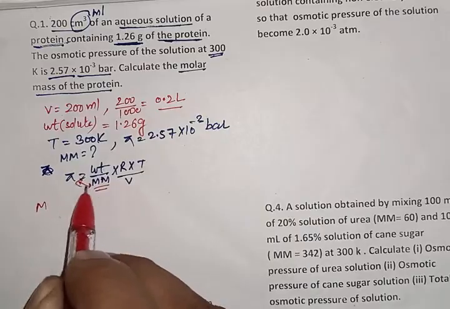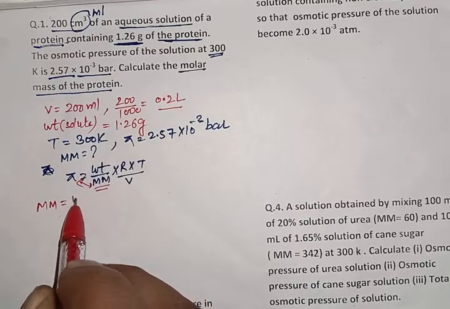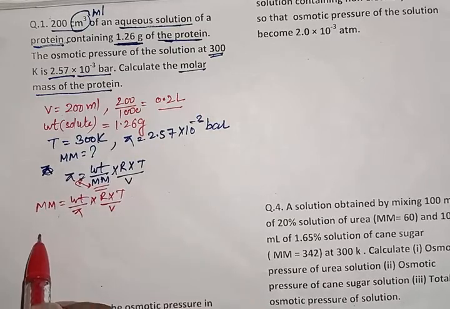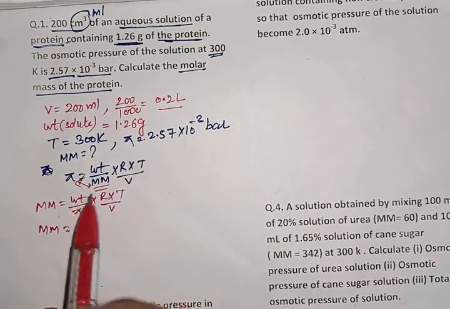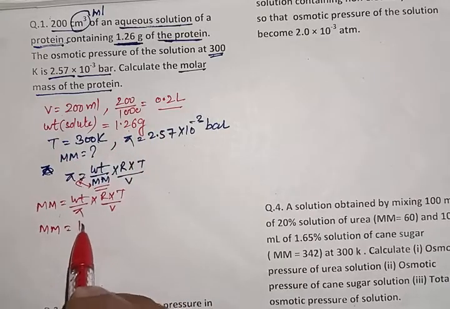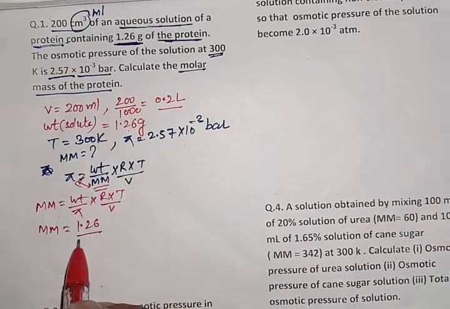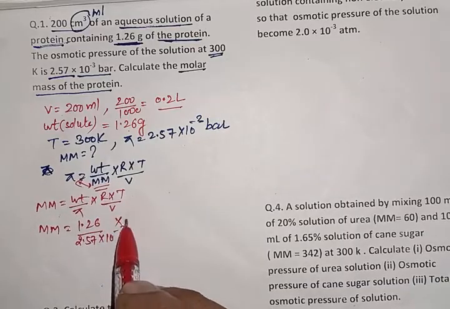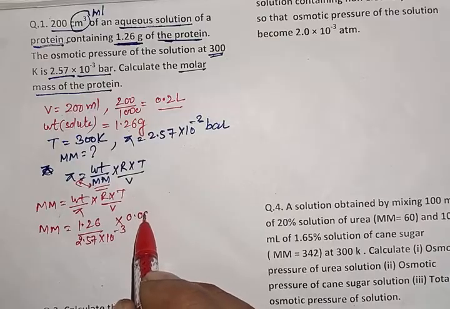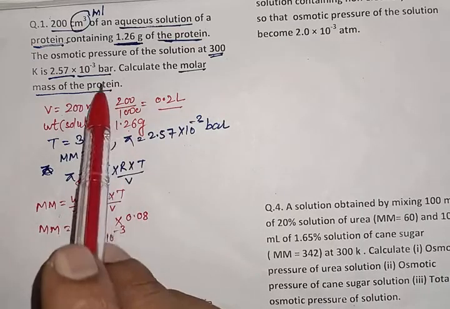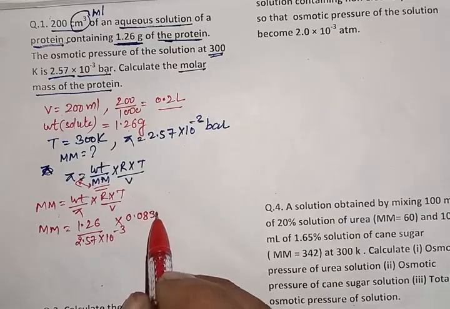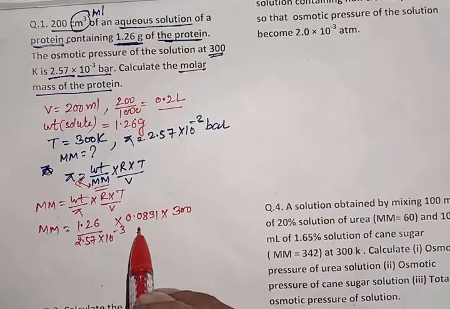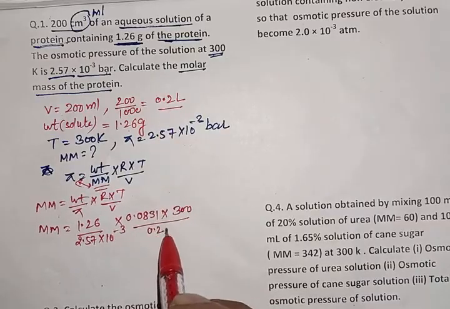Molecular mass will be equal to weight of solute into R into T, divided by pi into V. The weight of the solute is 1.26 gram, pi is 2.57 into 10 raised to the power minus 3, R is 0.0831 bar liter per Kelvin per mole, the temperature is 300 Kelvin, and the volume of the solution is 0.2 liter.